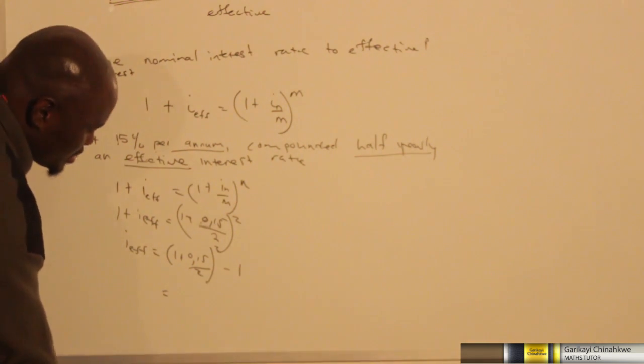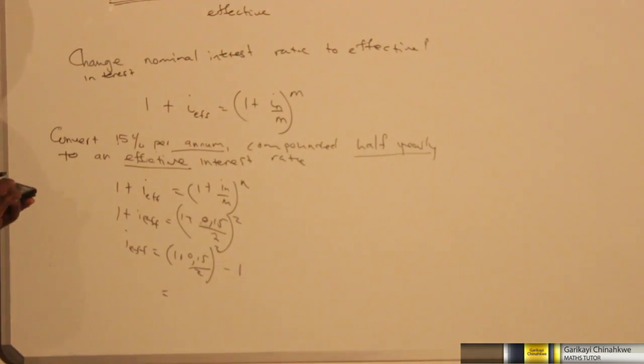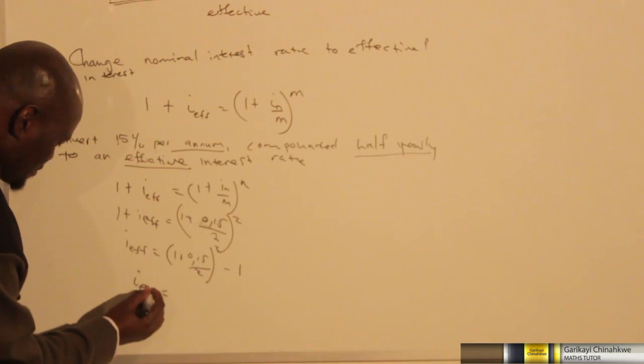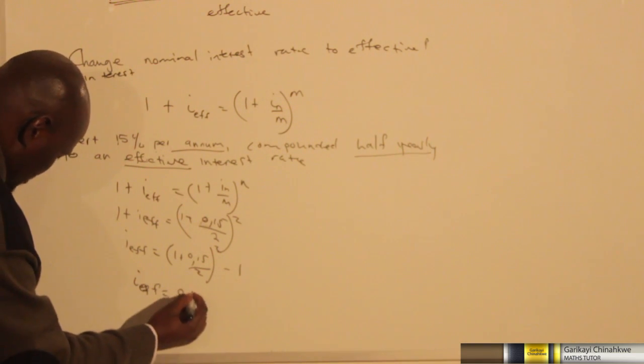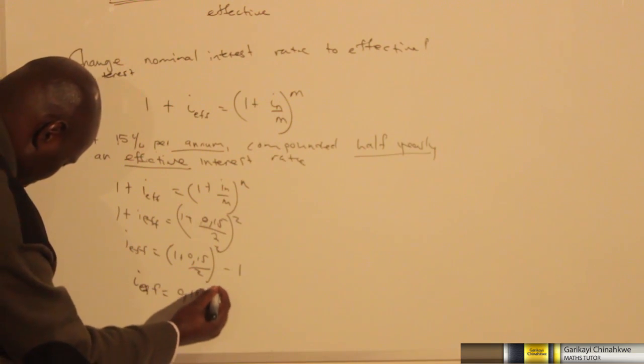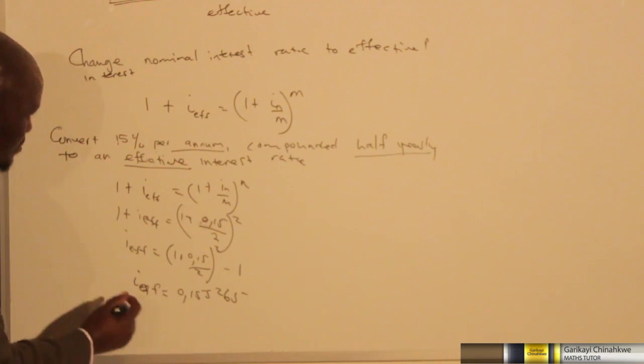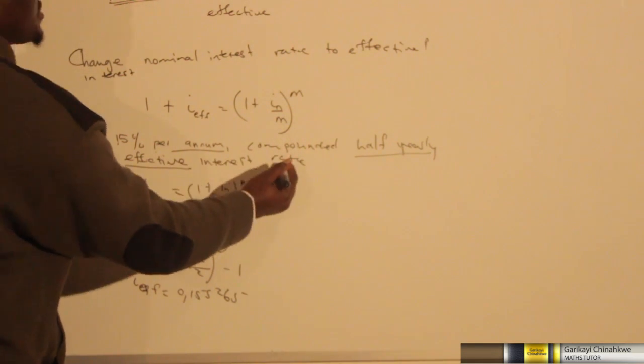Then you get the answer: i effective is 0.155265.